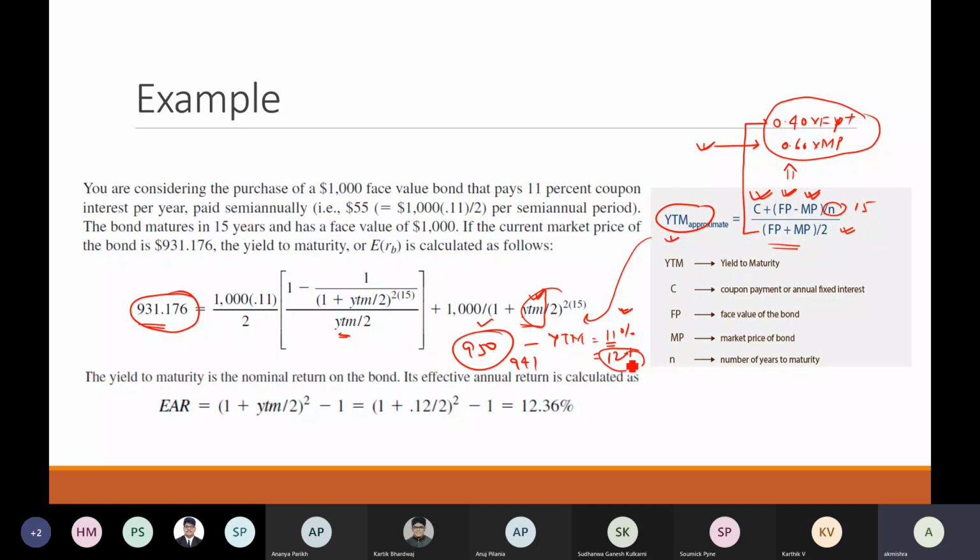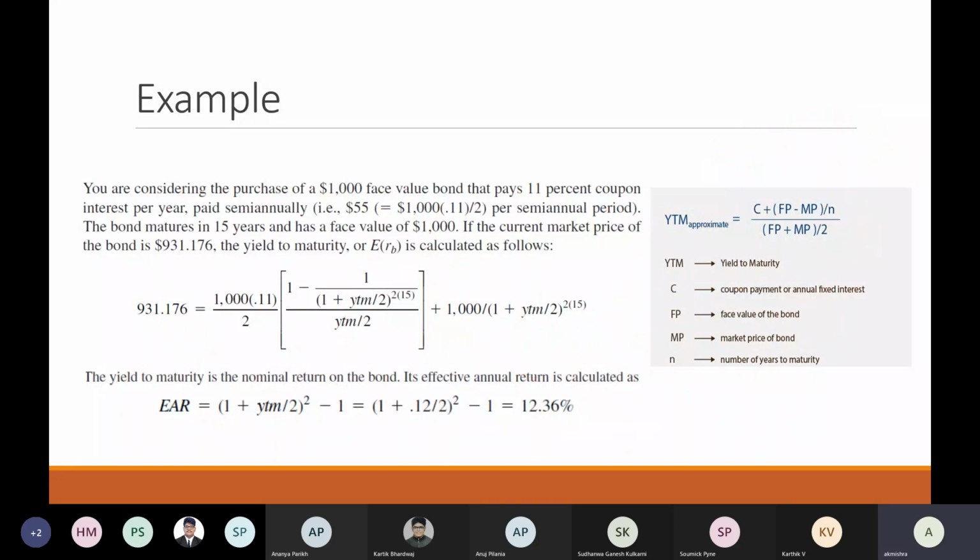Negative relationship. So you further increase by, let's say, 4%, and you may get this number close to 930 or 931. So this is how you can combine your shortcut approach and then your further changes to get the correct YTM number.